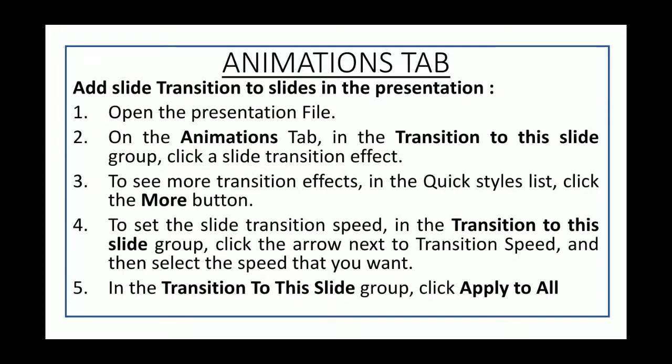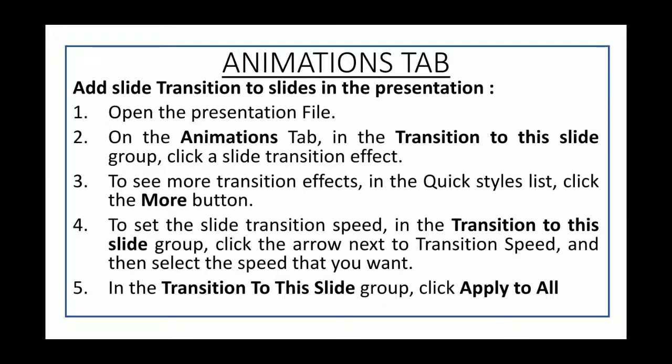Next, to see more transition effects in the quick style list, click the More button. If you want more slide transition effects than those shown, click on the More option on the Animations tab in the Transition to This Slide group.